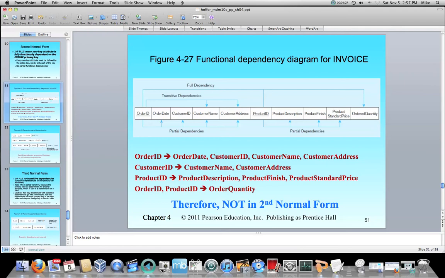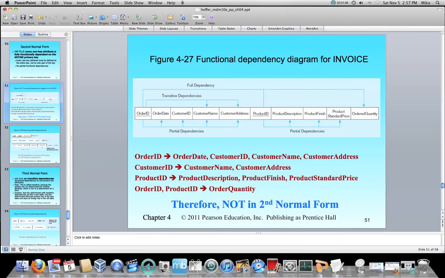We went through this in the functional dependency video, but we have order ID functionally determining order date, customer ID, customer name, and customer address, because we can't have an order ID that's associated with more than one customer, right? Customer ID also defines customer name and customer address.